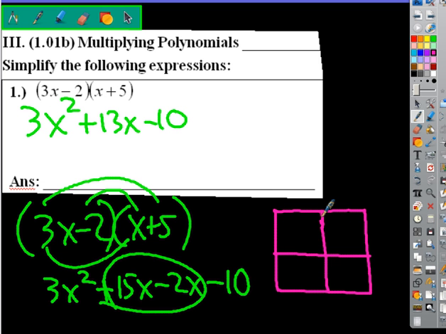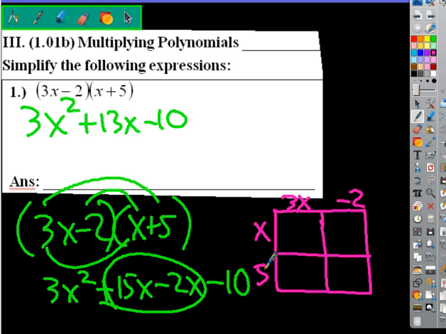I know some of you like this, I know some of you don't. 3x, negative 2, x, 5. You can always use whatever method works. So I'm finding the thing that goes in each little square is the product of its two sides.